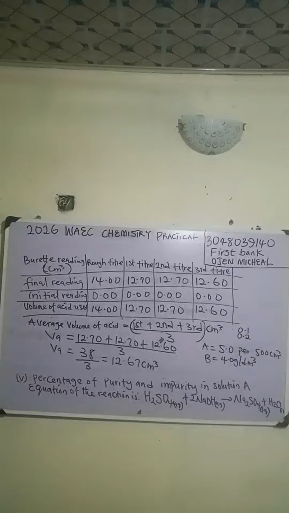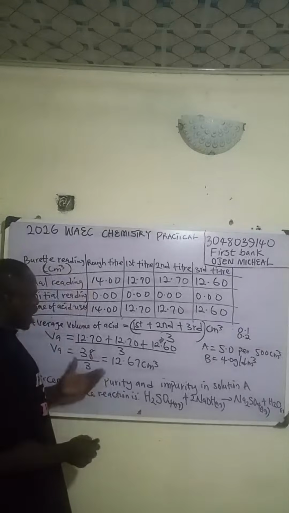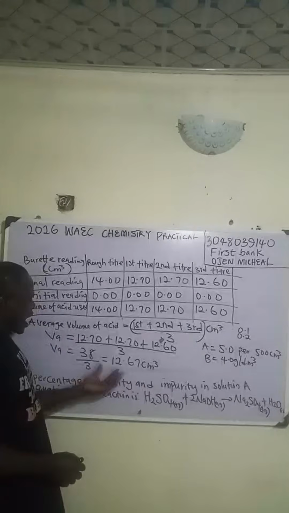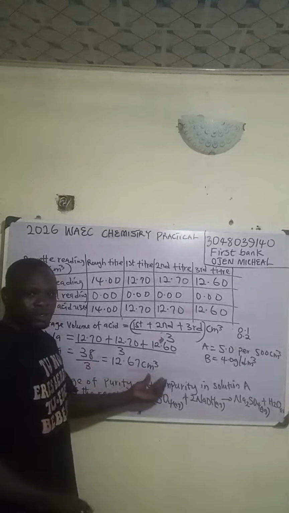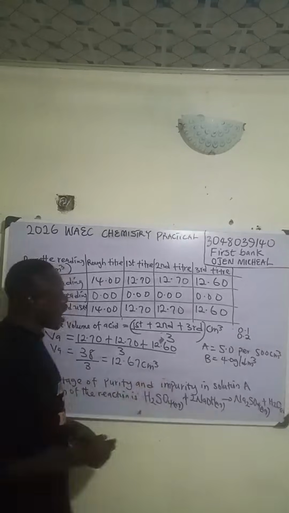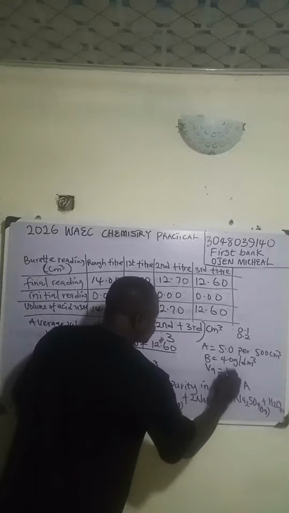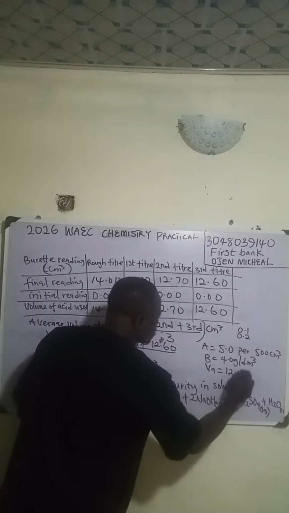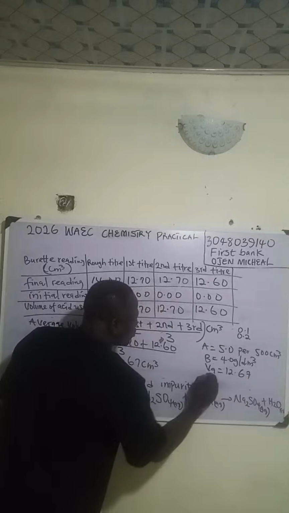Now let's proceed. We have gotten our VA. Our VA is 12.67. Is that understood? Now, what is our VB?